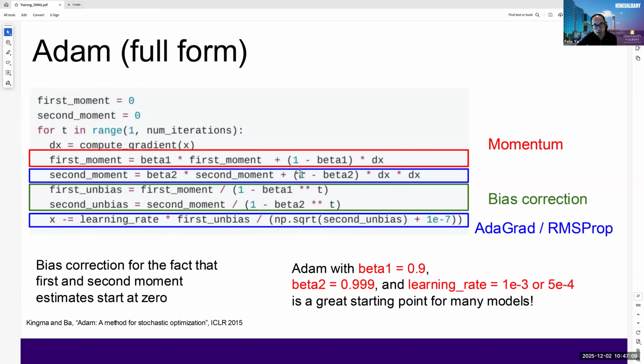That's why you need to correct this bias by dividing by 1 minus beta 1 to the power of t and 1 minus beta 2 to the power of t. This is something you need to keep track of. So this is bias correction.